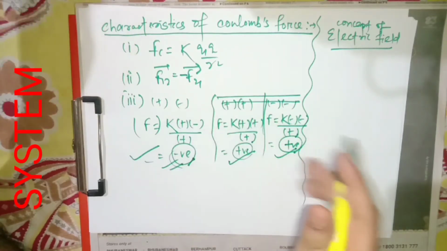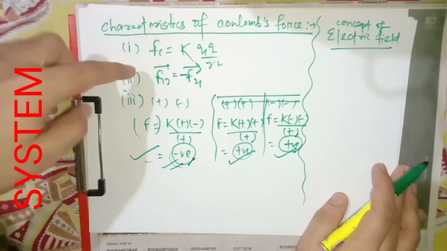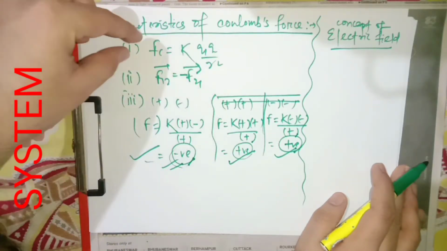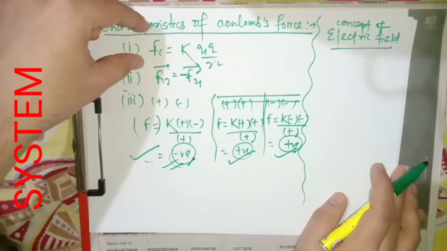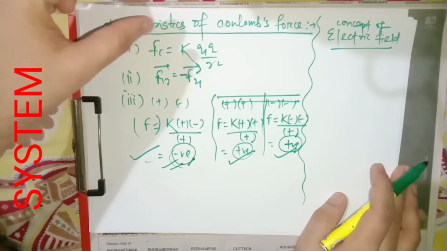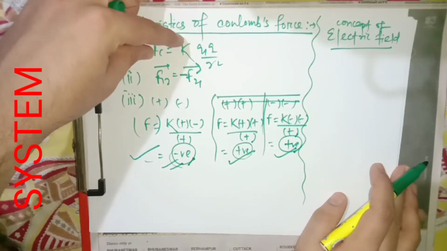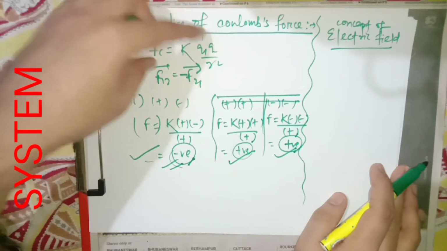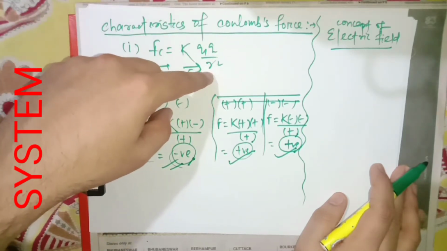So if I again discuss Coulomb's force Fc equal to k q1 q2 by r square, on which factor does it depend? If it is asked in the exam, we have to write that Coulomb's force depends upon the nature of the medium, that is k, then the magnitude of the two charges q1 into q2, and the separation of the two charges, that is r square.